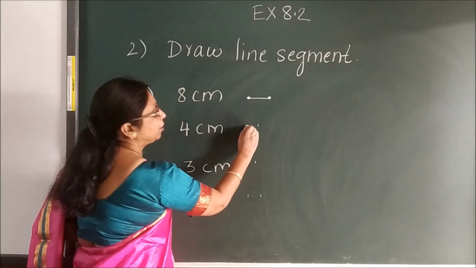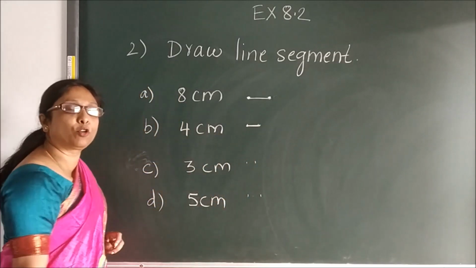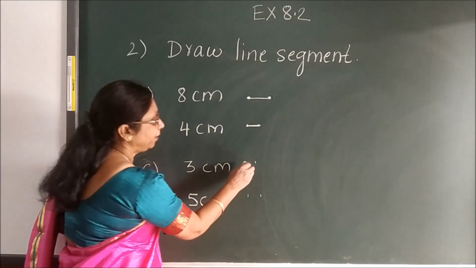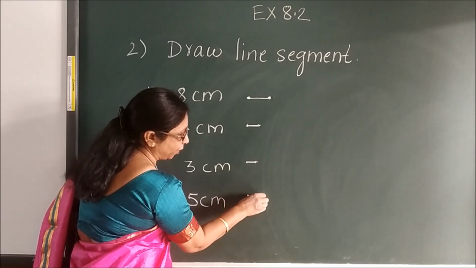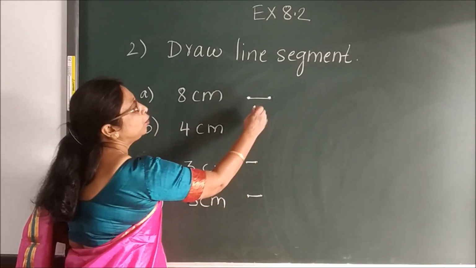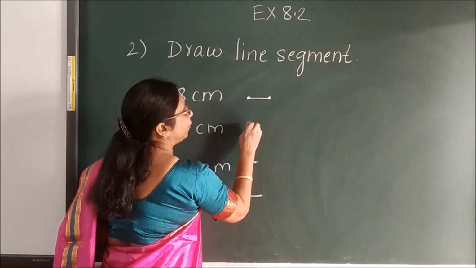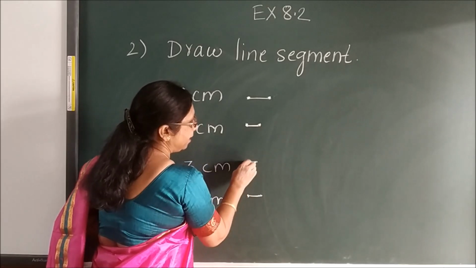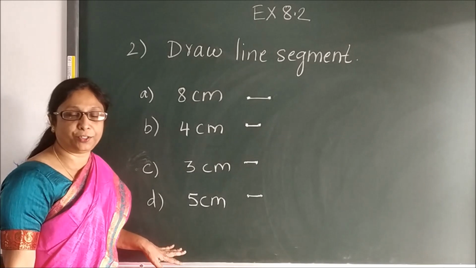Same for 4 centimeter, you make a fixed point and with the help of the ruler you can do it. 3, then 5. In this way you can draw the line segment for a given measurement. Use the scale or ruler to draw it.